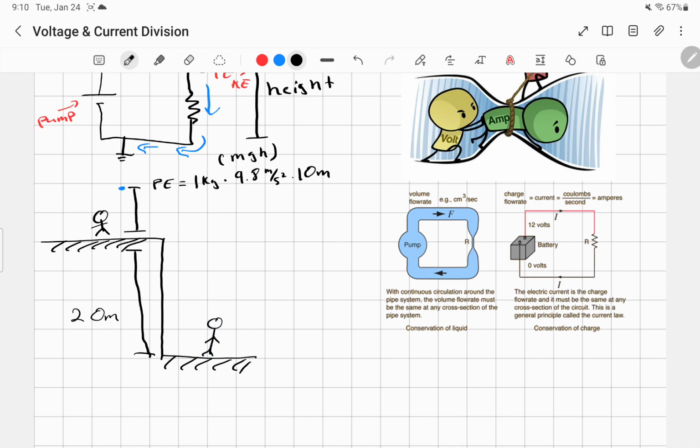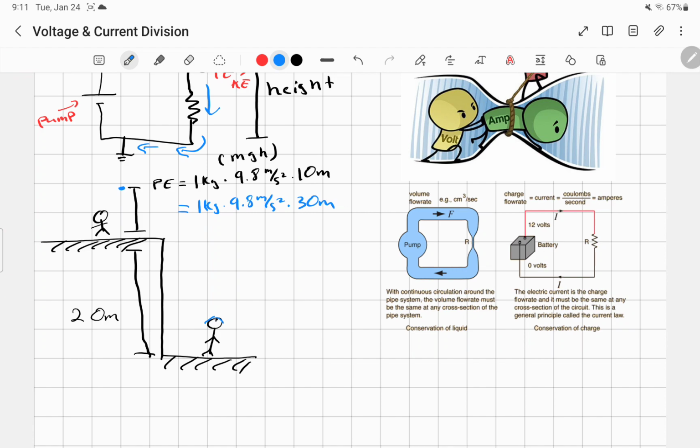This guy's all the way down here, and he thinks, compared to what I think is the ground, that ball has way more potential energy. Gravity is the same, it's 1 kilogram, but now it's 30 meters up, so it has way more potential energy from his point of view.